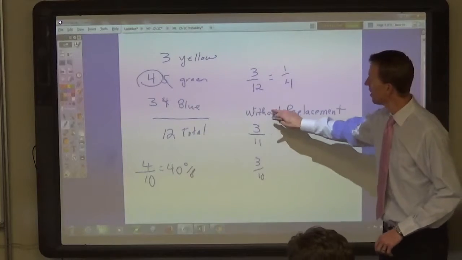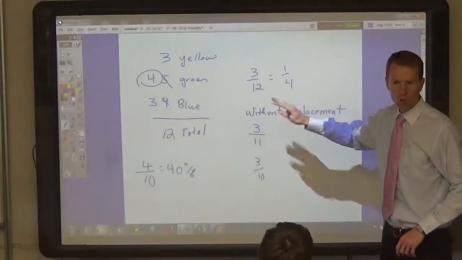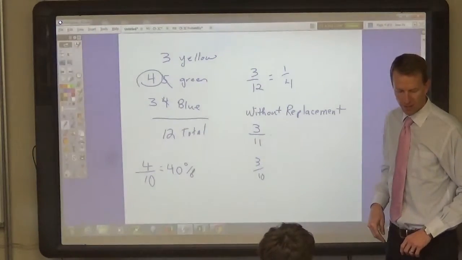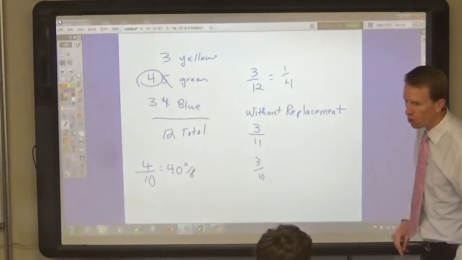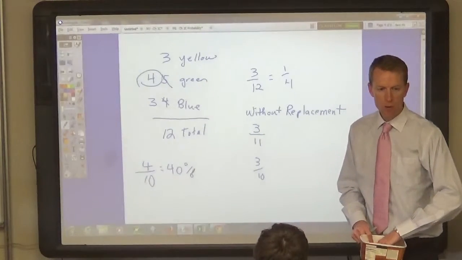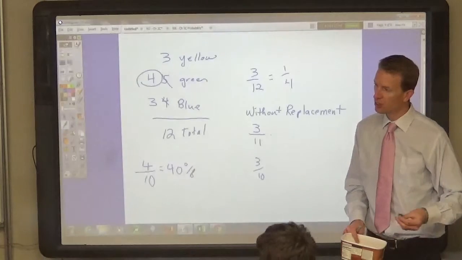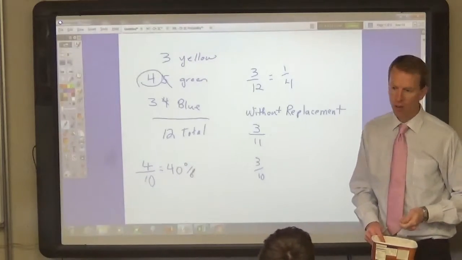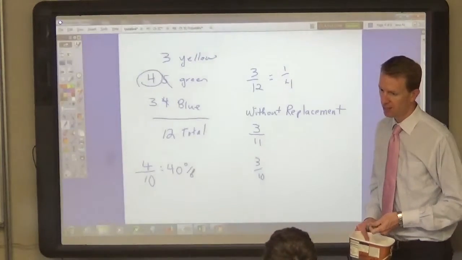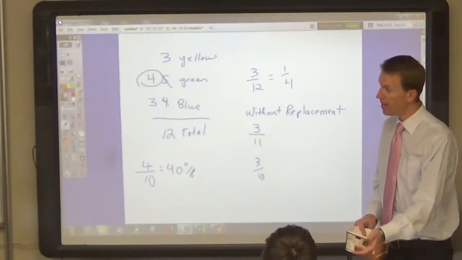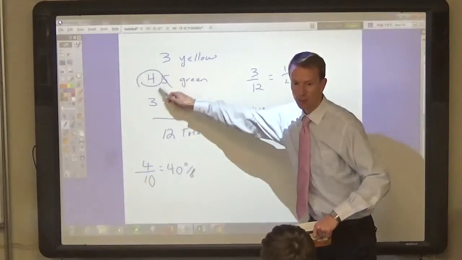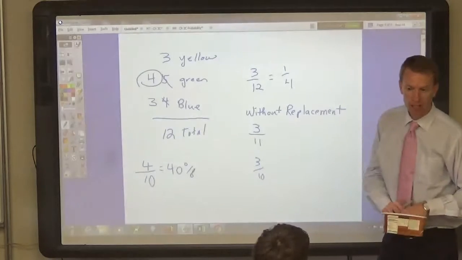So that's what with replacement or without replacement means. Okay? Now, when we pulled these out and we left them out, was the next one an independent or dependent event? It was dependent on what happened, right? Because what happened changed our probability.